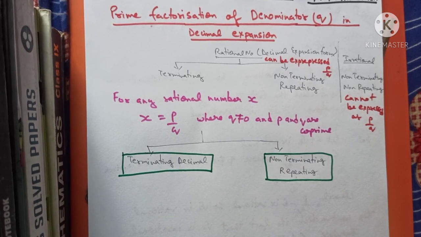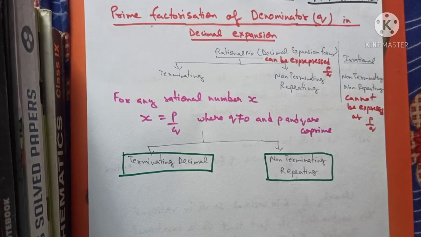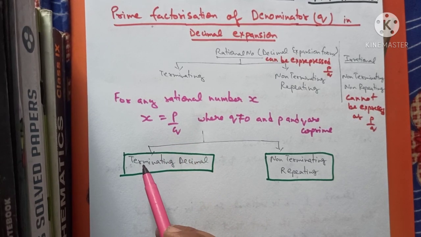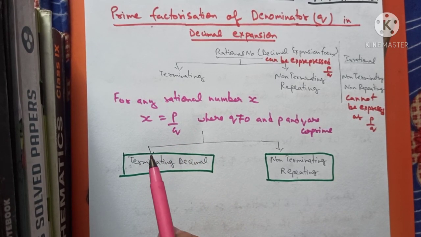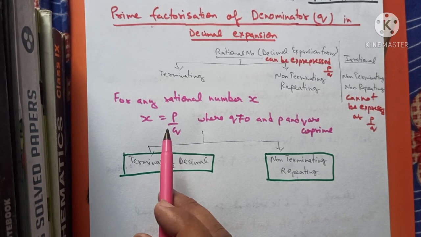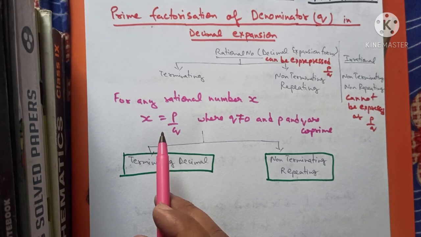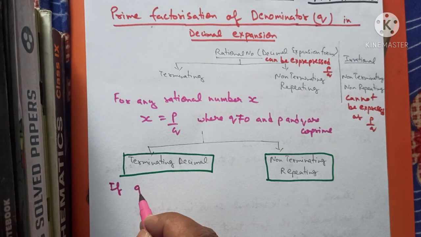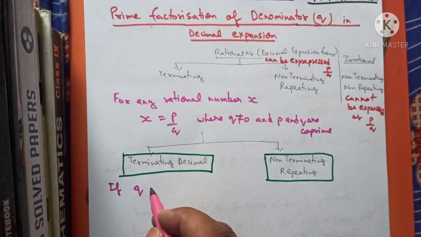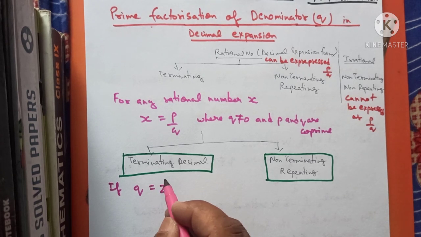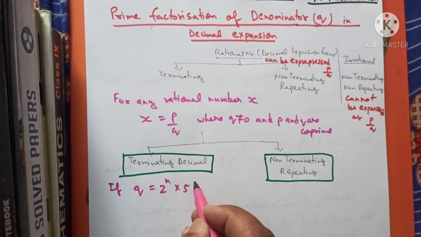Now, any rational number is a terminating decimal if, this is very important to be noted, the denominator q is of the form 2 raised to the power n into 5 raised to the power m.